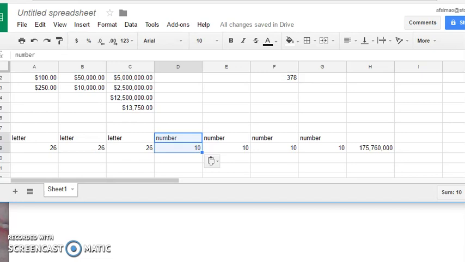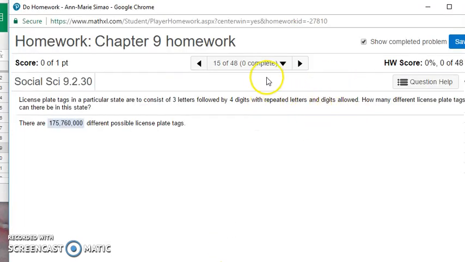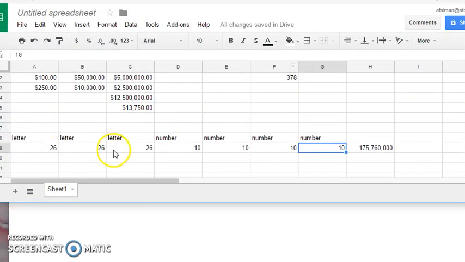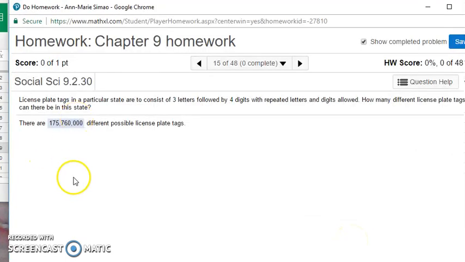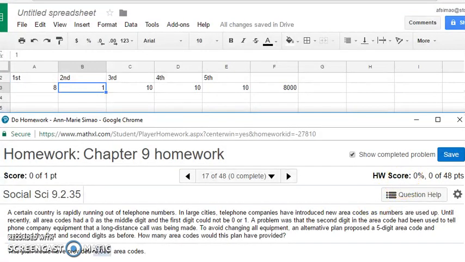So if we jump into Excel, we know that there's 26 letters, 26 letters, 26 letters, 10 numbers, 10 numbers, 10 numbers, and 10 numbers. They told me repetition is allowed. That's why I have those 26 and those 10 options every time. If I multiply them all together, I get 175,760,000.